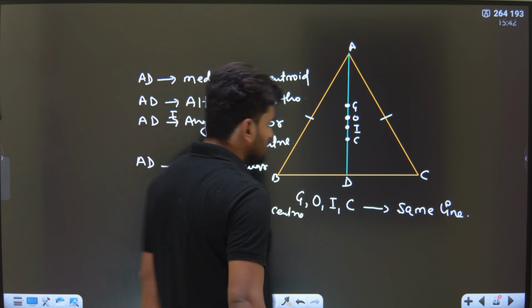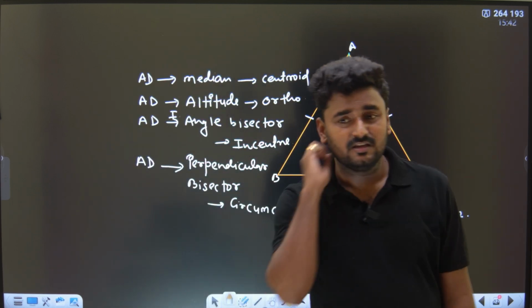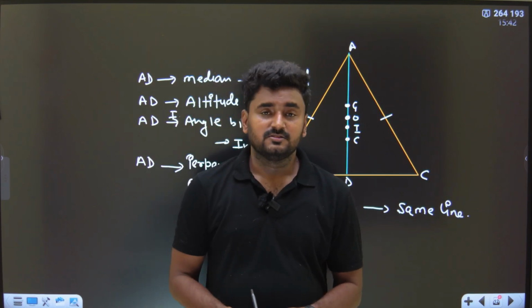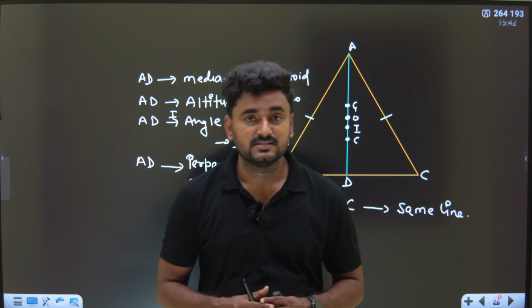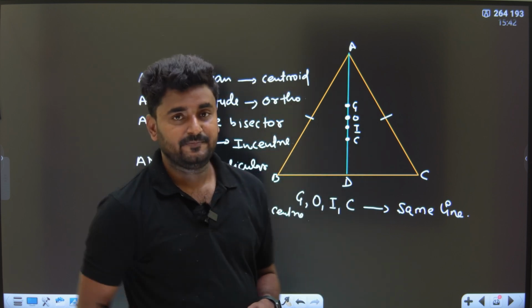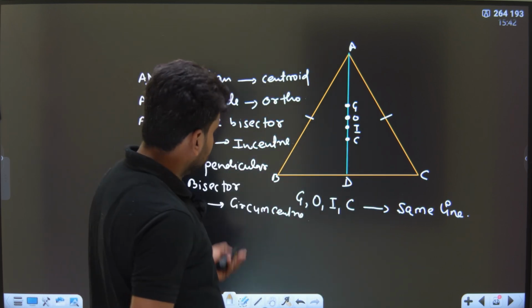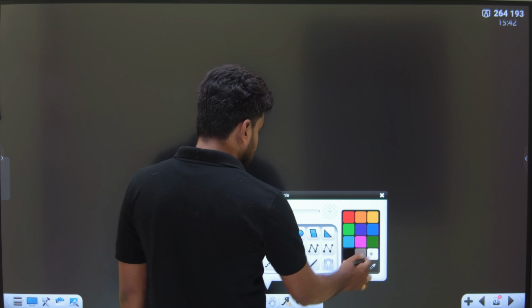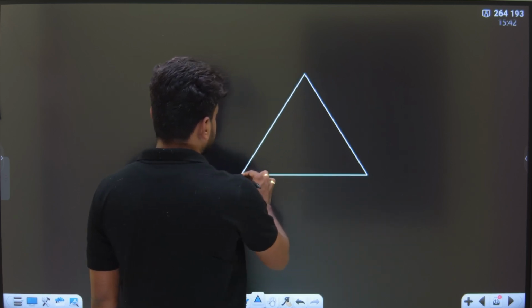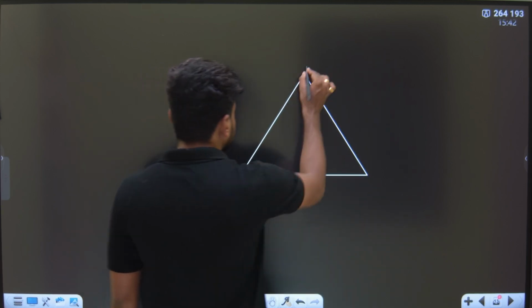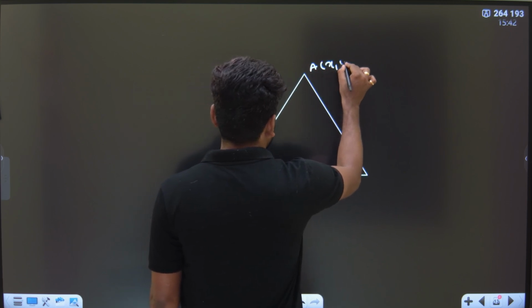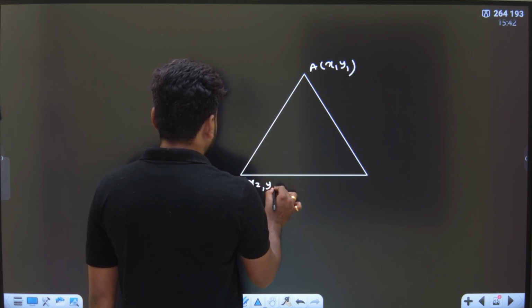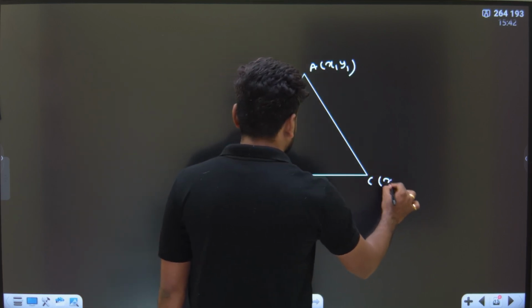Understood? So therefore, if the triangle is an isosceles triangle, in that case G, O, I, C will lie on the same line. Now suppose the triangle is an equilateral triangle, A (x1, y1), B (x2, y2), and C (x3, y3).